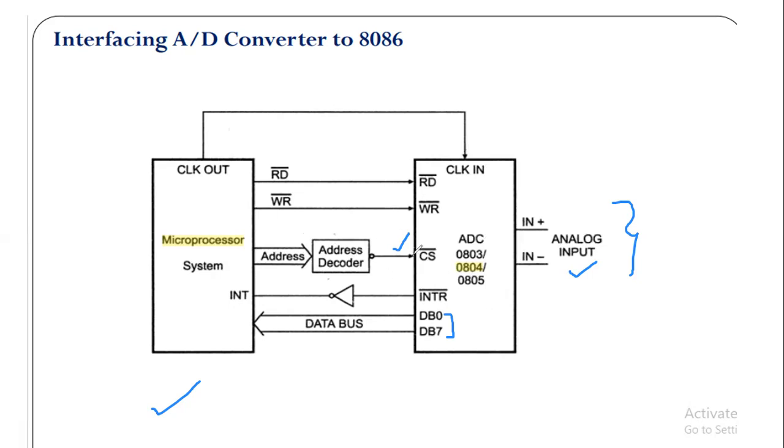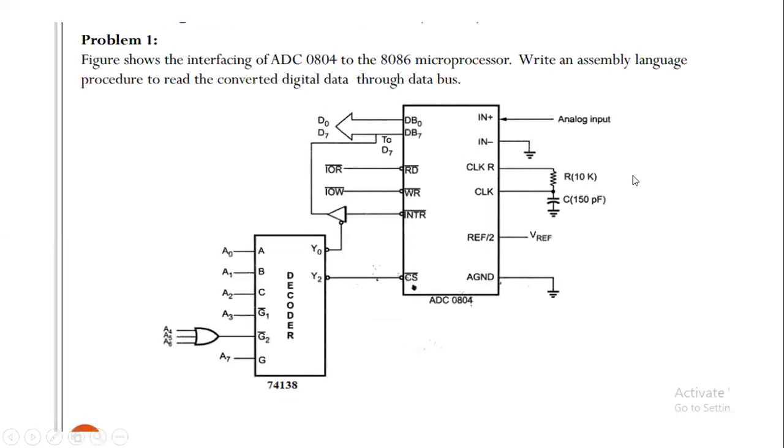Without enabling this chip select signal, this ADC cannot be used for the conversion of analog input to digital output. So this is the rough sketch of interfacing the 8086 with the ADC.